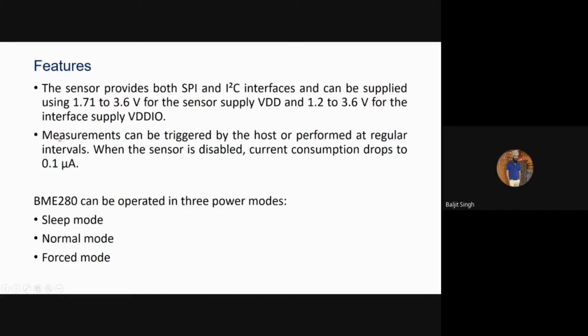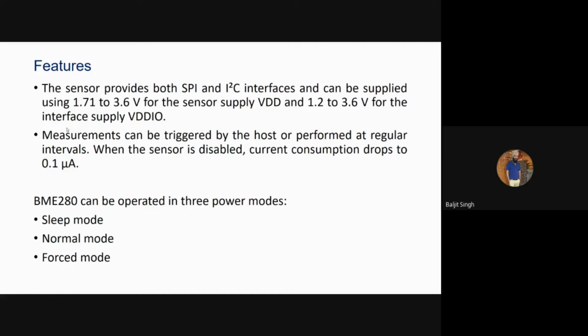So either you can control this sensor from an external button or switch or any smart application, or automatically they can be performed at regular intervals, like every 1 second or every 100 millisecond one reading will be recorded. So it can be used in both ways.